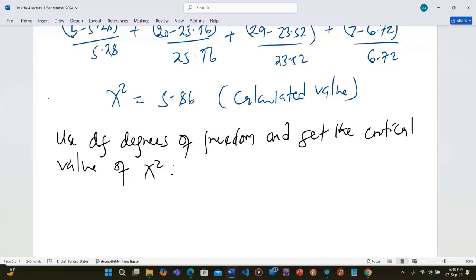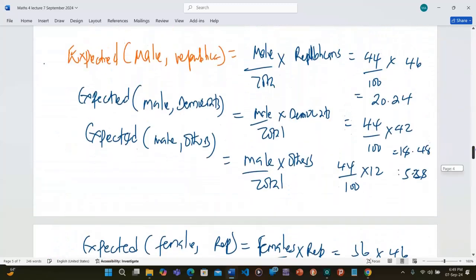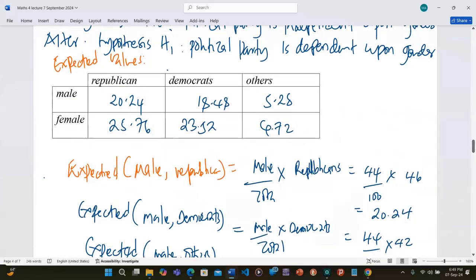So how do I get the degrees of freedom? For this kind, if for example I had males and I had Republicans, Democrats, and others, the degrees of freedom would be 3 minus 1. They would be how many observations? It would be Republicans, Democrats, and others.